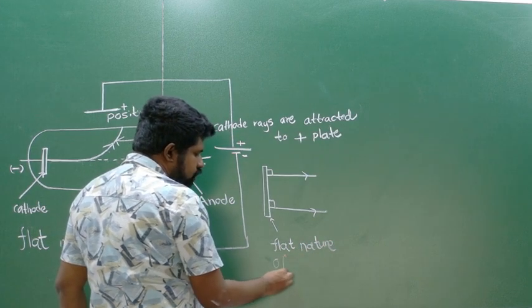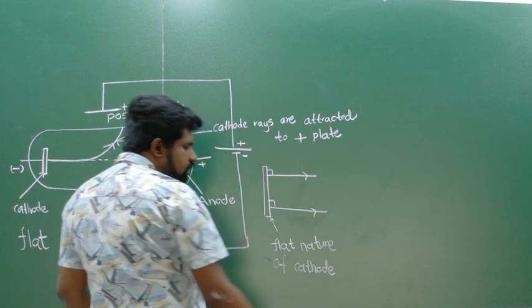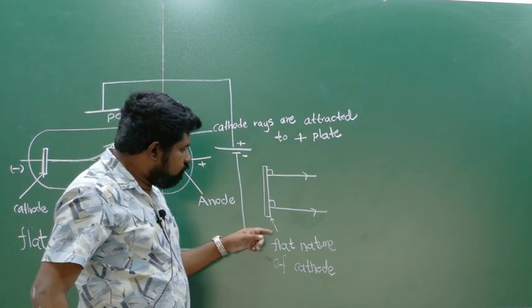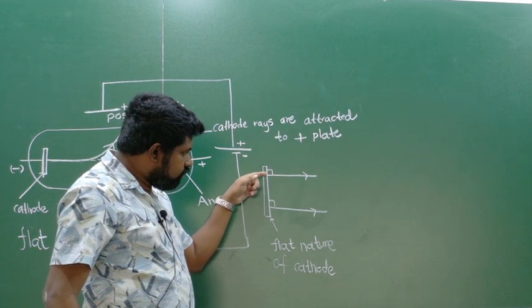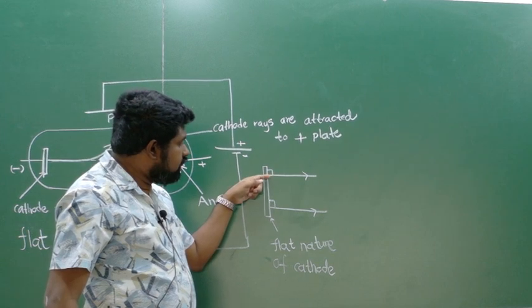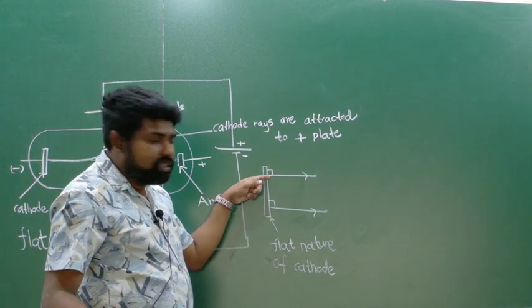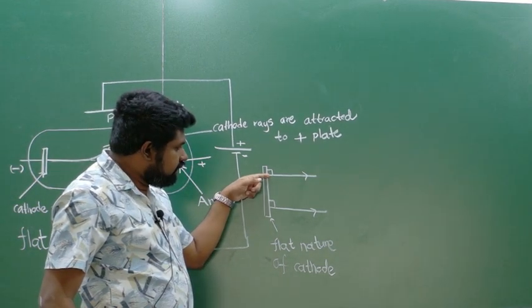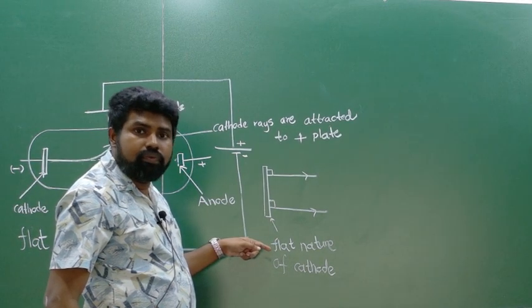So it is due to the property of the cathode. From any flat cathode, cathode rays are originated perpendicular to the surface. This perpendicular origination of the rays is due to the shape of the cathode, because it is flat.